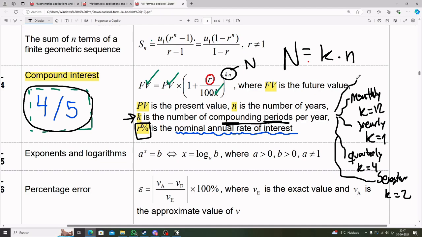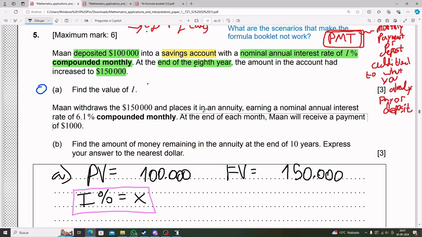But there are a couple of variations. I know about it, but I don't know if they've asked it in the IB yet. Bi-monthly, like every 2 months, would be K equals 6. See? So there you have a couple of variations of compounding periods per year. Not to scare you, but those are the words you have to be familiar with. So compounded monthly tells me that K equals 12.